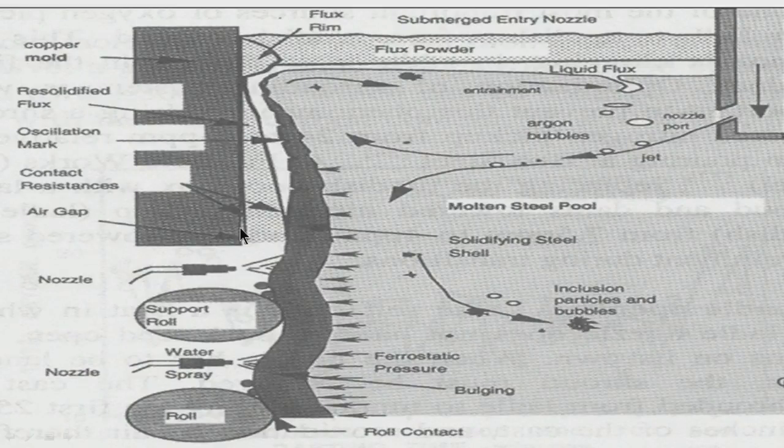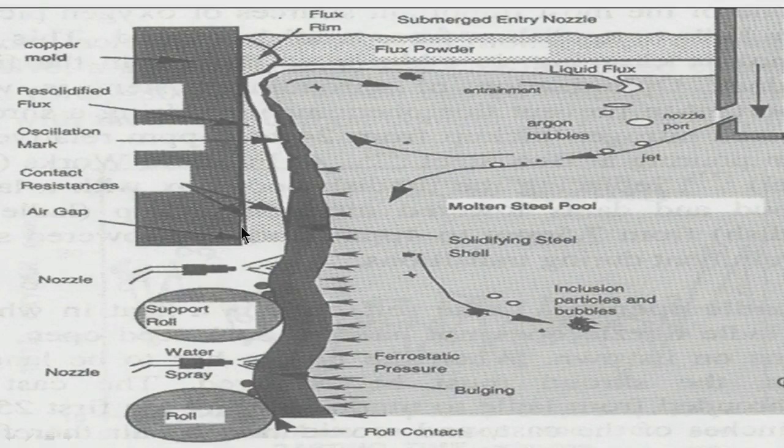Shrinkage means it comes away from the mold. The ferrostatic pressure of the liquid will try to push it towards the mold, but the shrinkage will try to take it away from the mold. It depends which force is more. So, some amount of shrinkage will always be there. We have to be careful about this air gap.